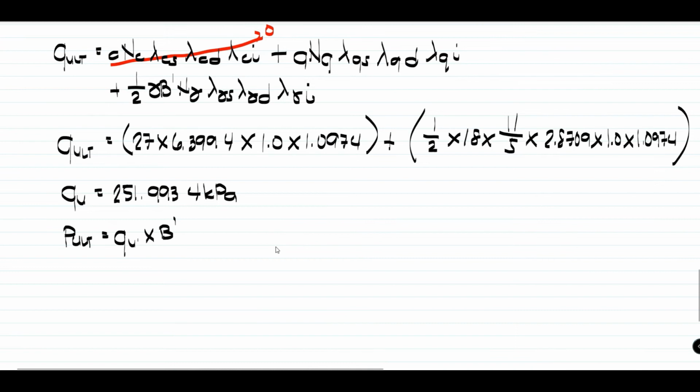So, to get PU, or the P ultimate, so PU is equal to yung QU natin, which is 251.9934. I-multiply lang natin yan ng 11 over 5. Then, calculating the value, we will have PU is equal to the value 554.3855.